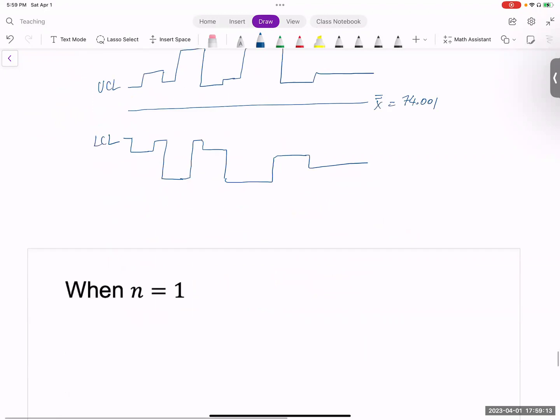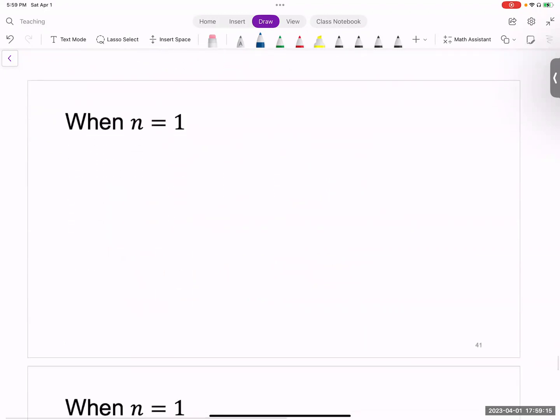All right, now let's look at the final control chart of this chapter, which is really just a special case of what we have seen before. When sample size n becomes 1, there is a problem. Let's say your samples are 1, 2, 3, up to m. For every single sample, you only have one observation.